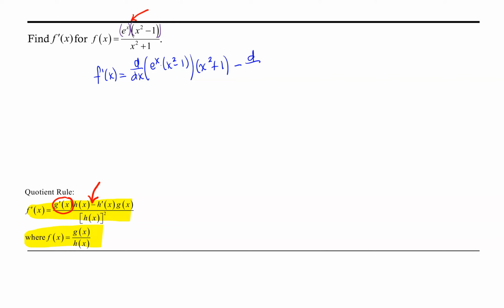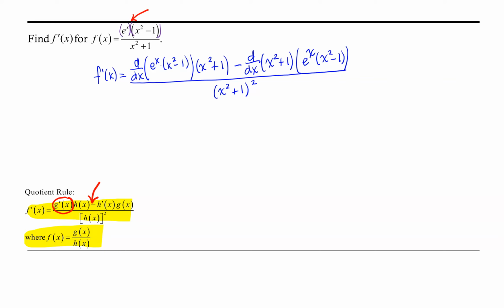Then the derivative of our denominator, which is x squared plus 1, times our numerator, which is e to the x times x squared minus 1. That whole expression in the numerator over x squared plus 1, the quantity squared. So we square the denominator we start with.